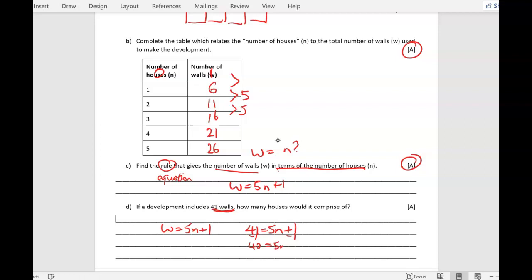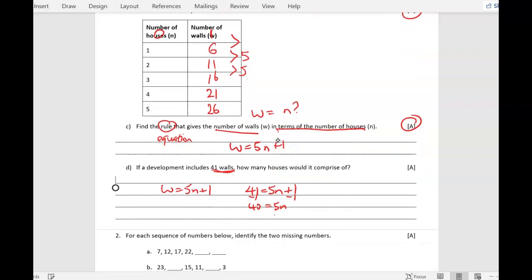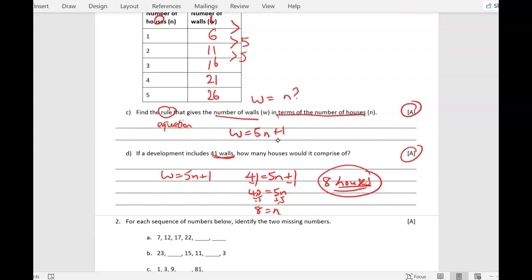So 40 equals 5n. And we're then going to divide by 5, divide by 5. 8 equals n. So that means that development would have comprised of 8 houses. If you got me n equals 8, you got your achieved mark. Hopefully you've started adding in the context, because it's 8 houses, not just n equals 8 as well.